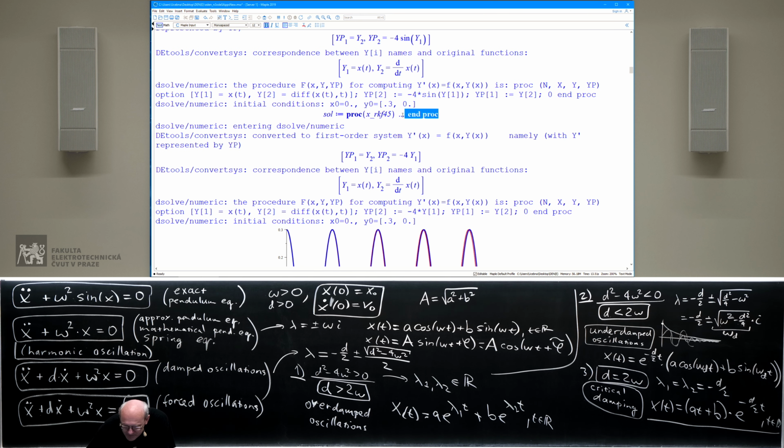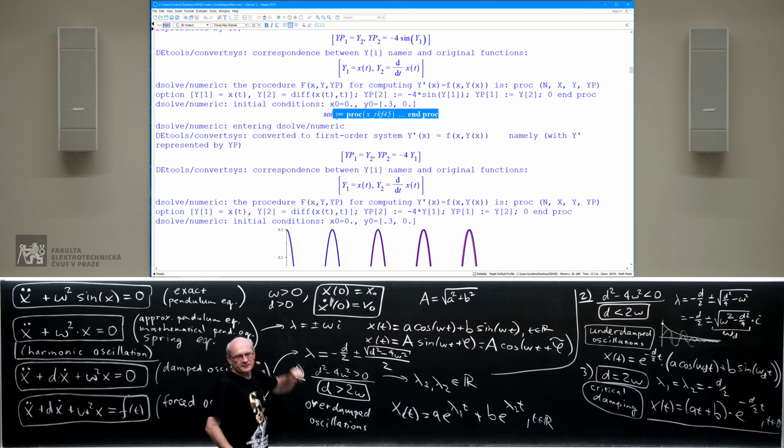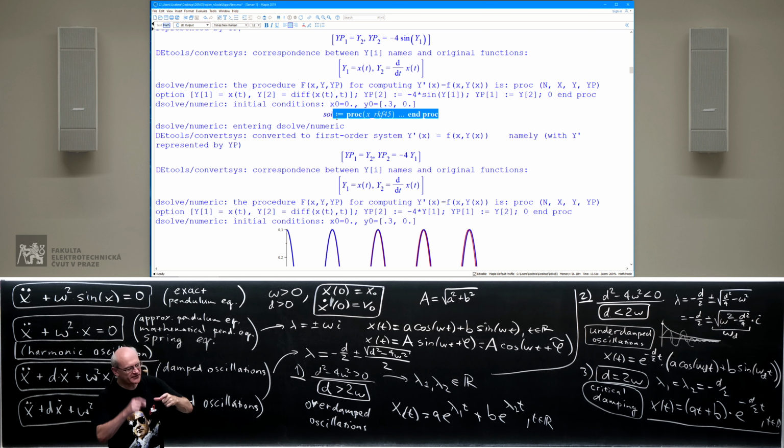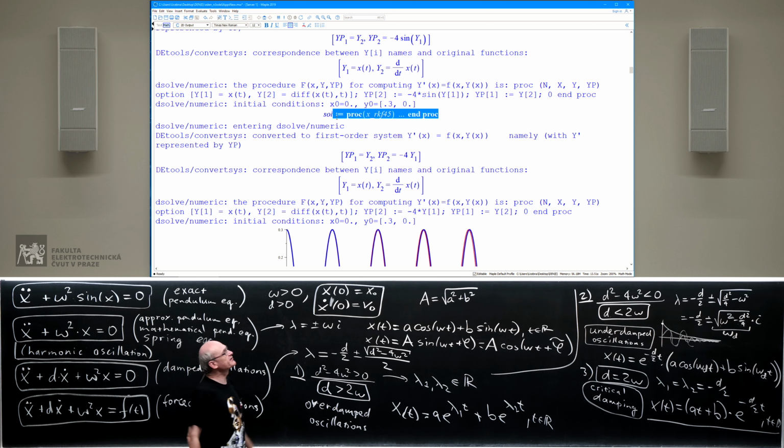Here we go. The solution was found using RKF45 method. So it's using Runge-Kutta method of order 4 with Runge-Kutta method of order 5 as a control for making the error small. So this is really some heavy-duty machinery applied to a system.